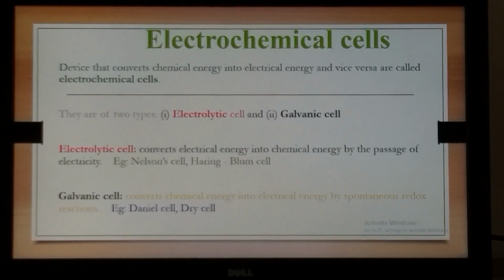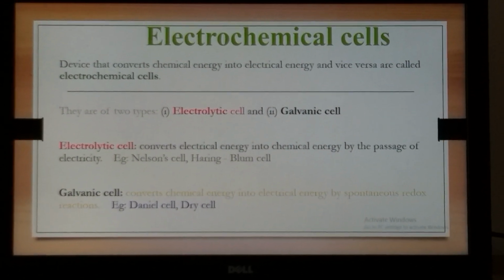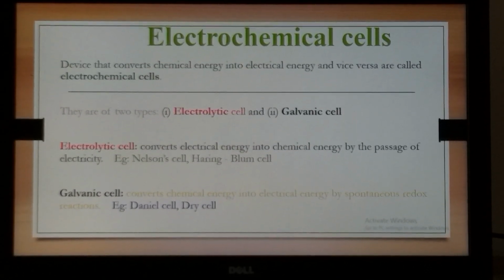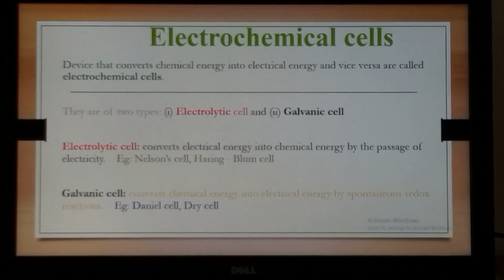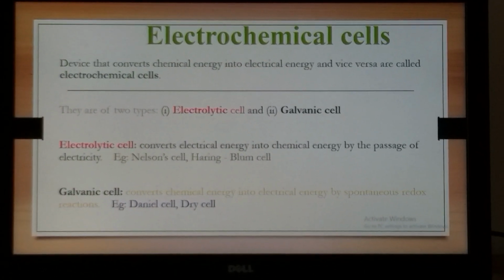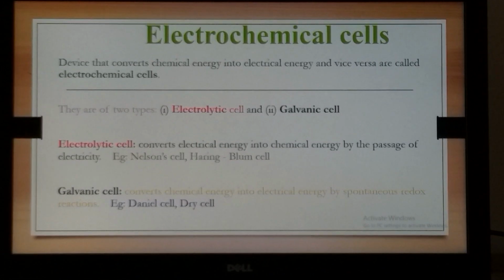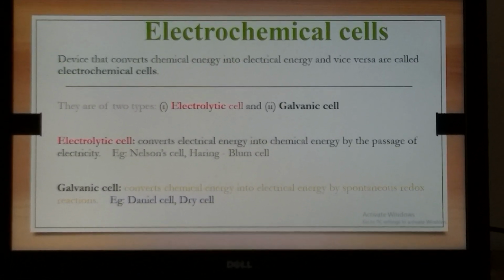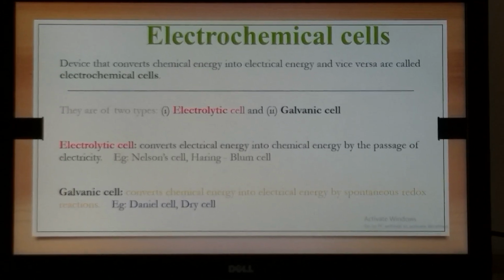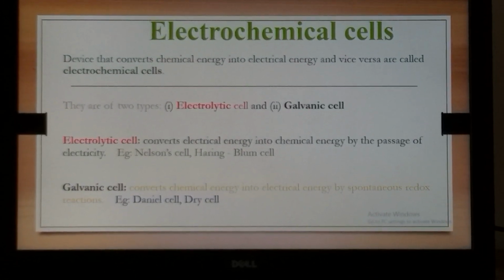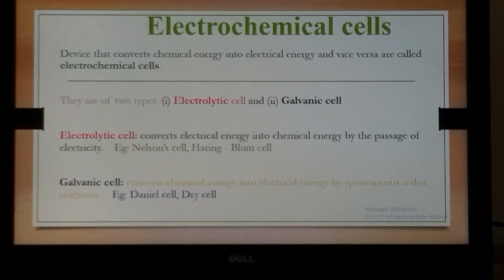The examples of electrolytic cell are Nelson's cell, Herring-Bloom cell, and all those cells in which a metal is coated on another metal. That is, for metal coating we use electrolytic cells.